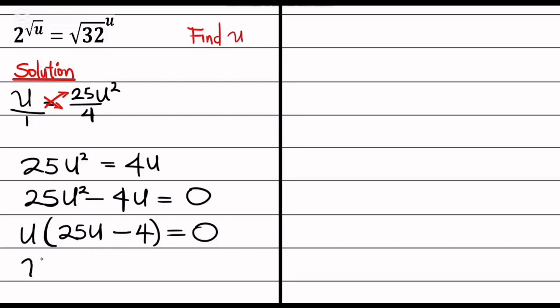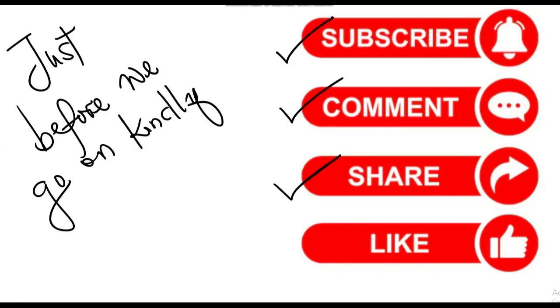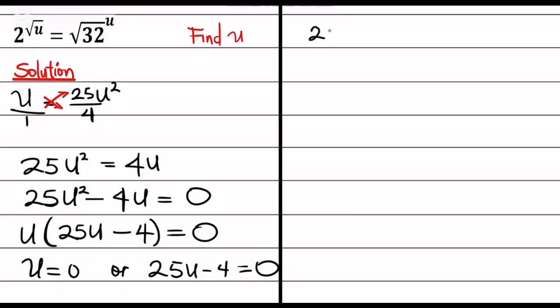That is u equals 0 or 25u minus 4 equals 0. From this, we're going to have 25u equals 4, by adding 4 to both sides, and at the same time by dividing both sides by 25.